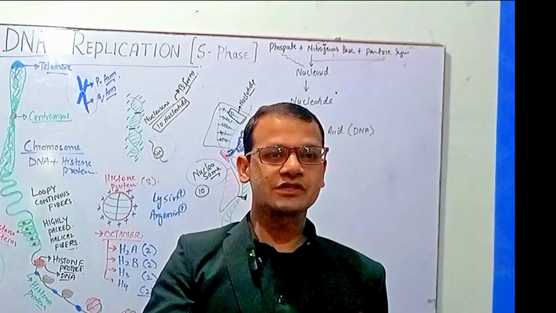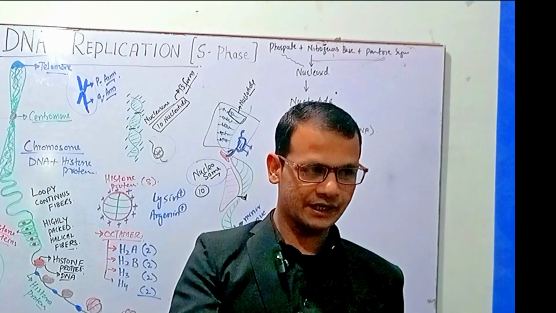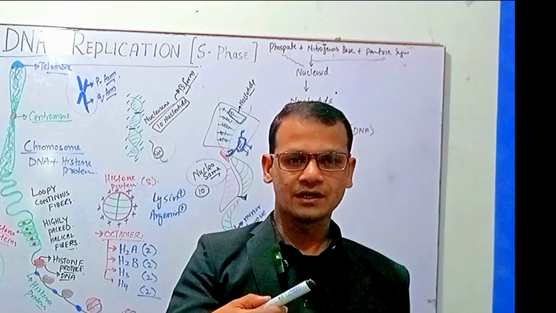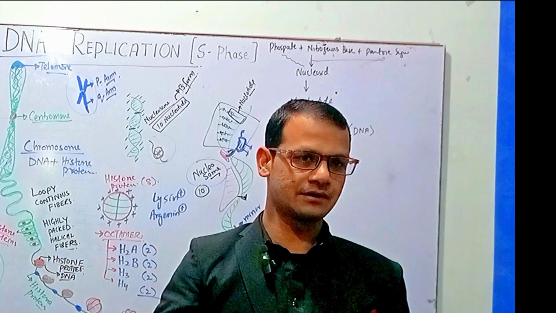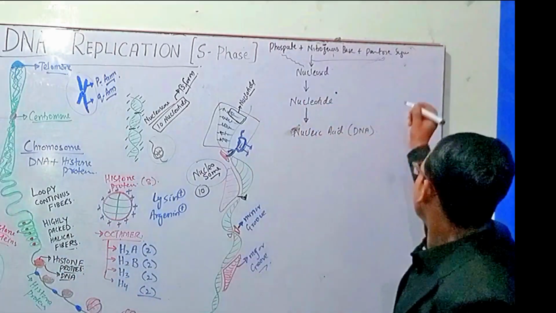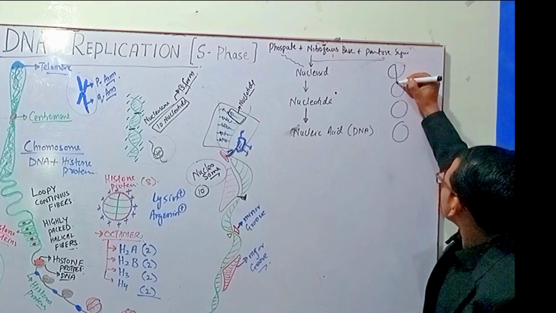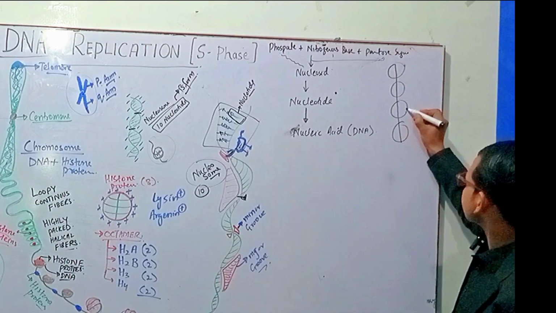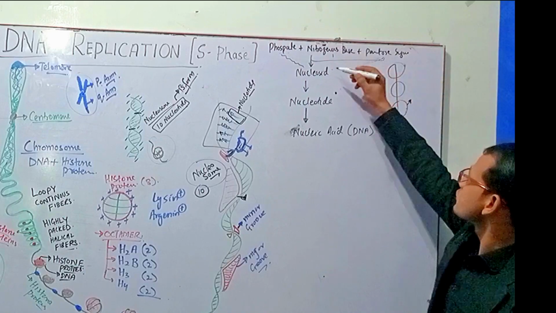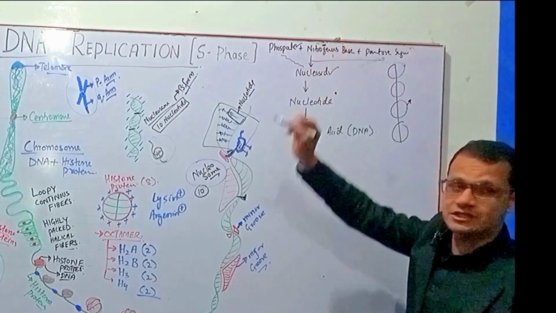The DNA is the sequence of nucleotides, which are formed of nucleoside and phosphate, right? For example, we have a lot of nucleotide sequence, and this nucleotide is composed of nucleoside and phosphate.